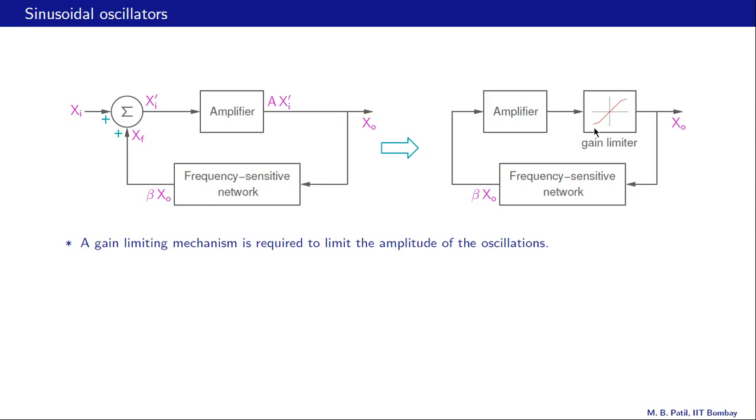So what it means is, if the amplitude becomes large, then it tries to reduce the output voltage. In practice, these are not implemented separately sometimes, and we might see that these two are combined. But as a schematic representation, this is adequate for us.